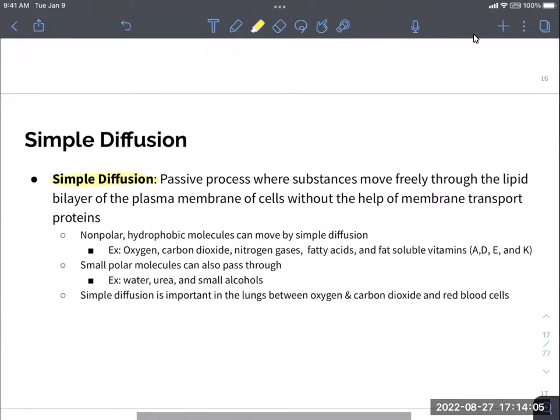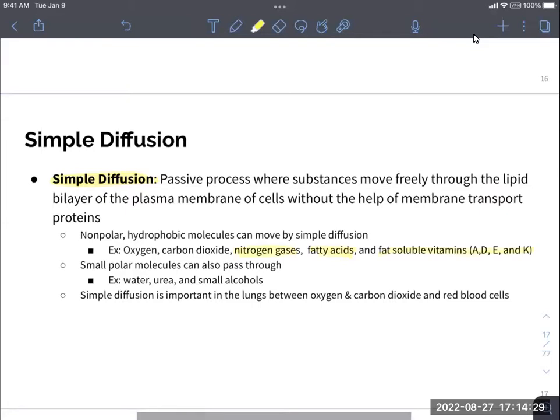So nonpolar hydrophobic molecules can move by simple diffusion, like oxygen, carbon dioxide, and nitrogen, gases that we also breathe in. Fatty acids go through. Fat-soluble vitamins A, D, E, and K are the fat-soluble vitamins we have in our system.